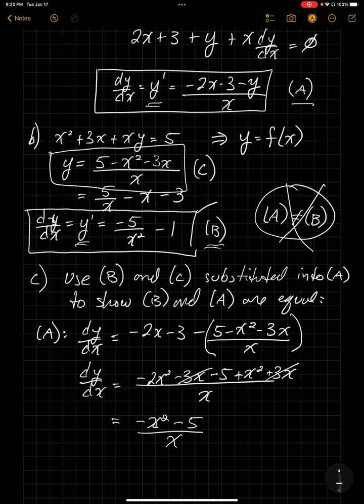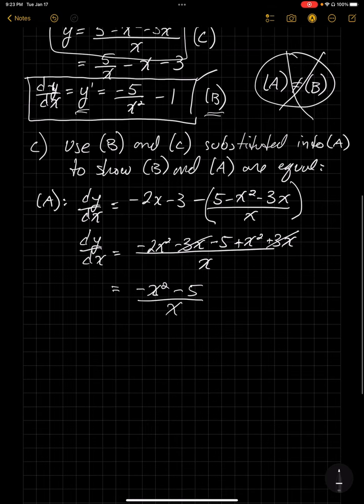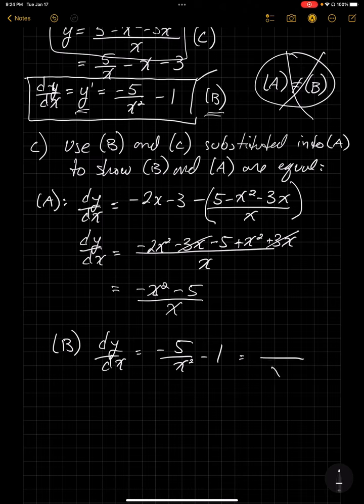So now, if we take a look at our expression for b, recall that the expression for b is dy by dx is equal to negative 5 over x squared minus 1. And so this becomes negative 5 minus x squared.